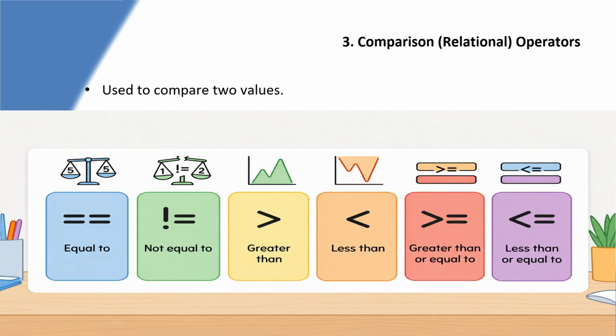These operators are commonly used in conditional statements like if-else and loops. So here are the examples of relational operators: equal to, not equal to, greater than, less than, greater than or equal to, less than or equal to.